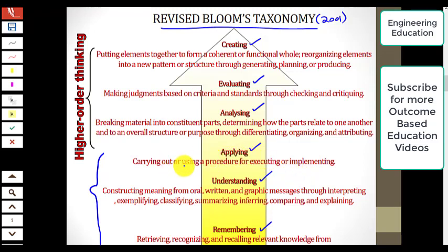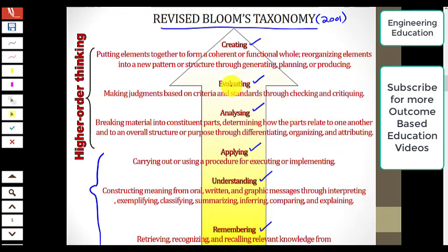Applying is carrying out or using a procedure for executing or implementing, applying the knowledge. Analyzing is breaking material into constituent parts, determining how the parts relate to one another and to an overall structure or purpose through differentiating, organizing, and attributing.